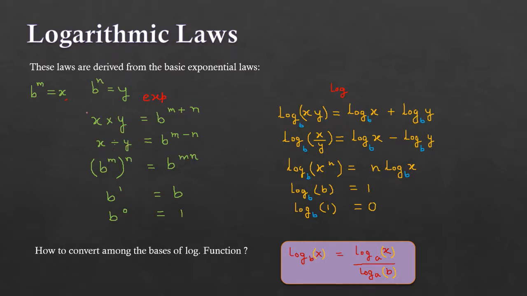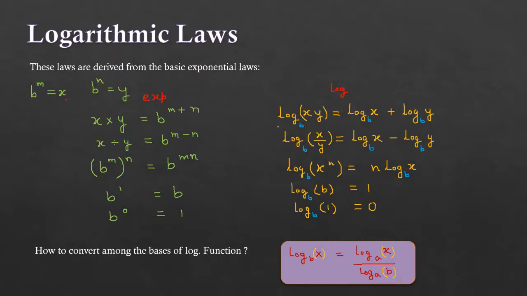Then x divided by y, simple division, we obtain b to the power m minus n. Then x whole to the power n can be written as b to the power mn. Okay, then b to the power 1, where the value of m will be 1, we obtain the same as b, and b to the power 0 is 1.